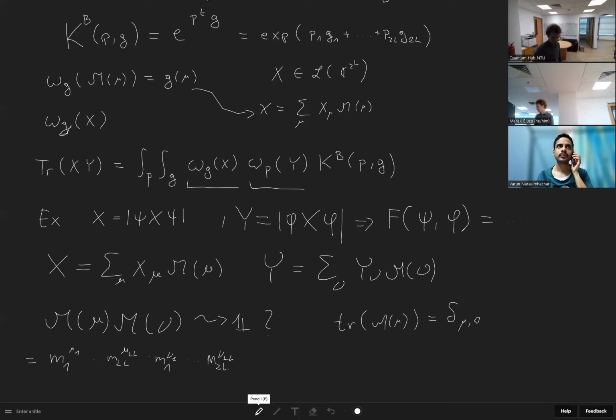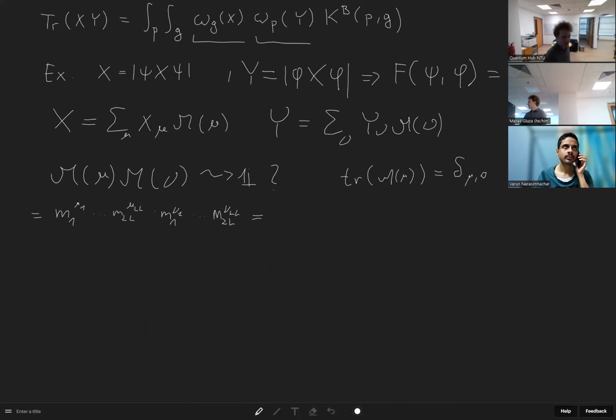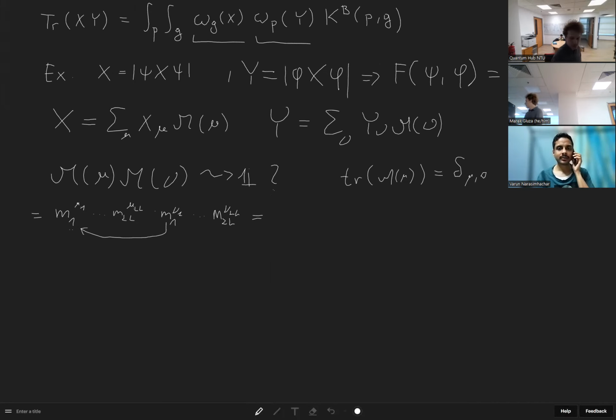Maybe Paint would be better. If I'm writing too small, it doesn't touch it, but it goes until 2L. And what we need to do is reshuffle it, and that's where it will start getting more interesting. So I need to move this one here.